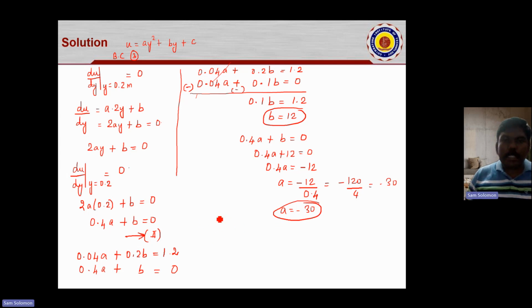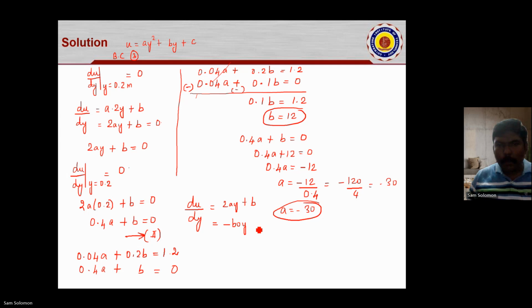So the first question is they want us to find the velocity gradients, that is du by dy. So du by dy was 2ay plus b, and now we know the values of a and b. So minus 60y plus 12.